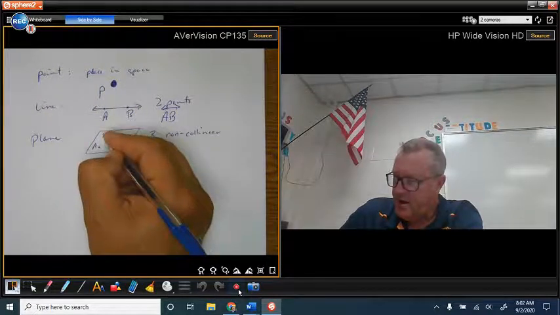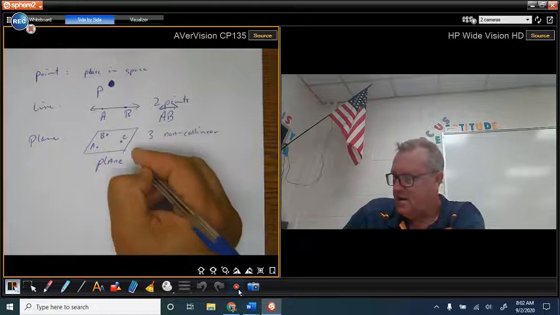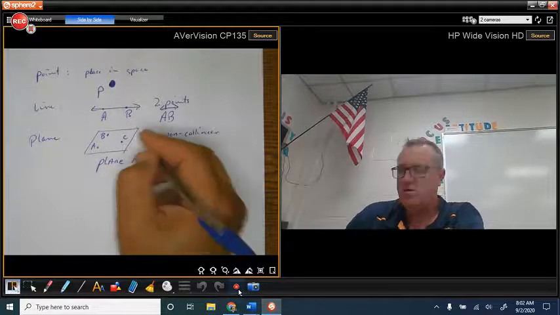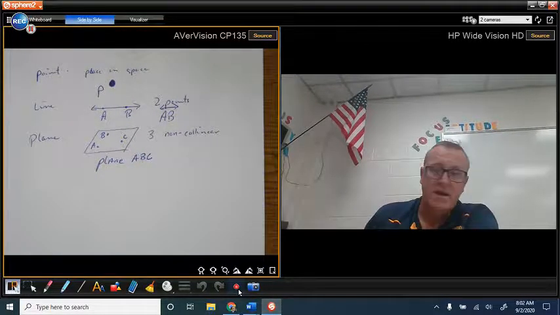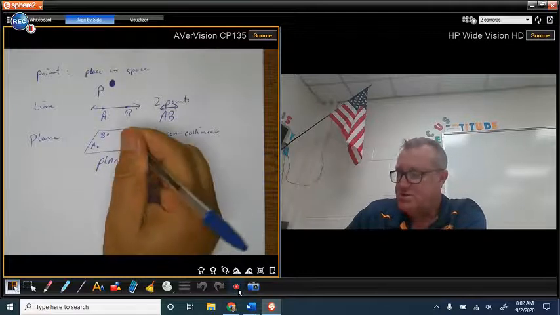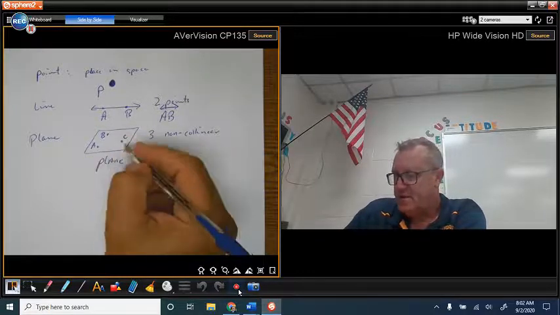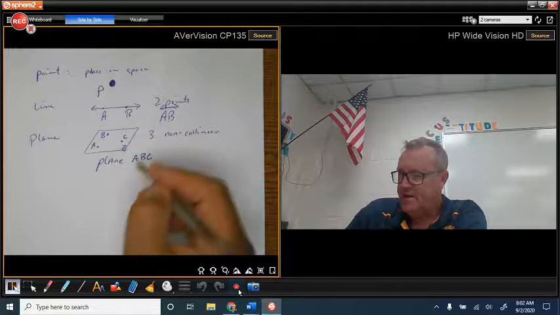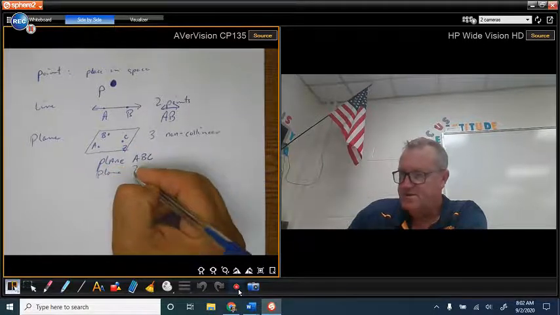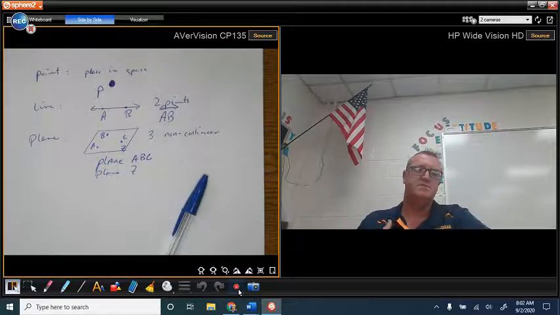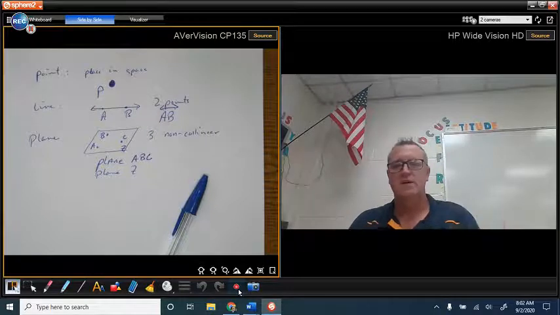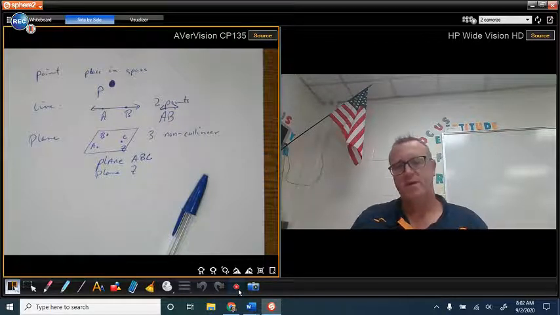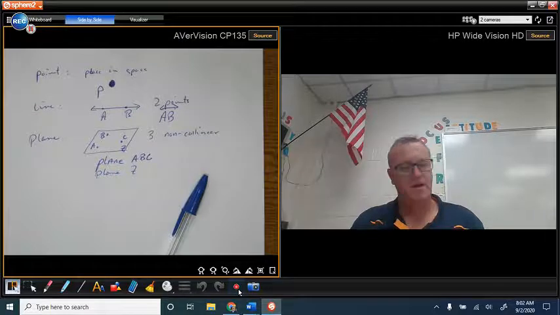So if I go A, B, C, this would be called plane ABC. If you have a picture like this and you put a Z down here, it can just be plane Z. They use 2 different types, and that's how we name a plane. So we have a point, a line, and a plane.